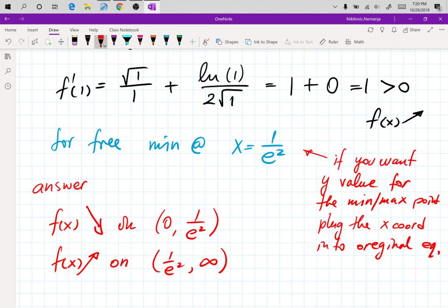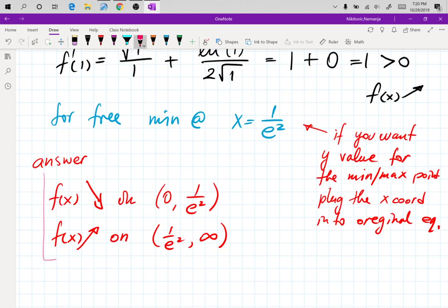So this is what our answer looks like. You show the intervals over which you have increase or decrease.